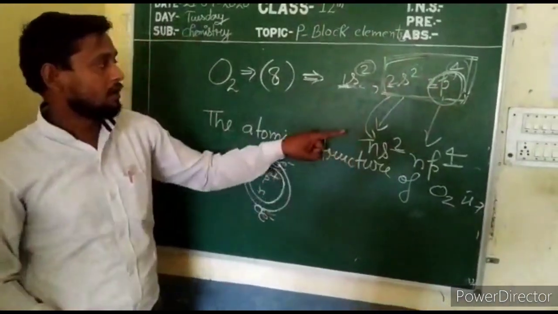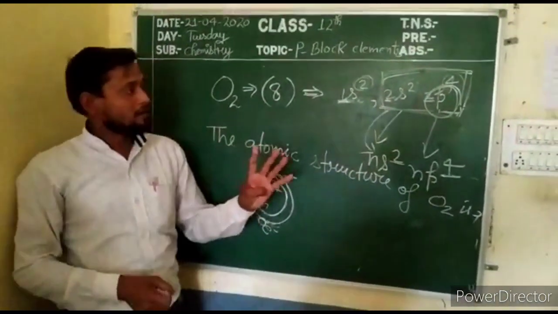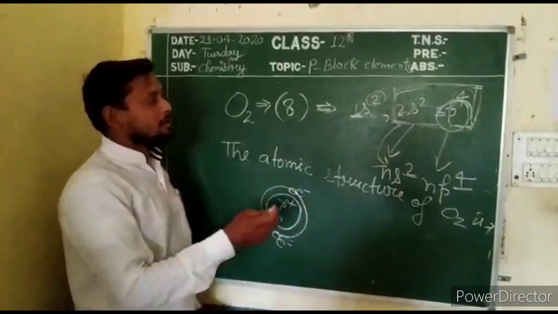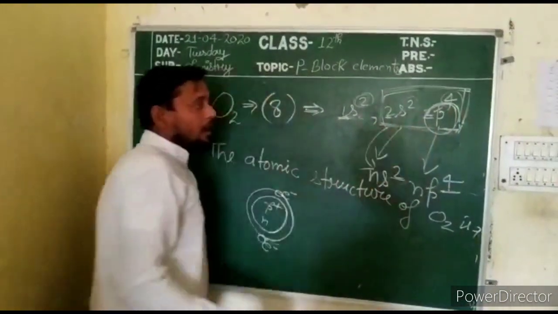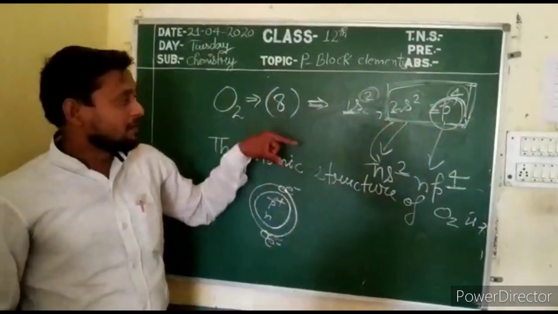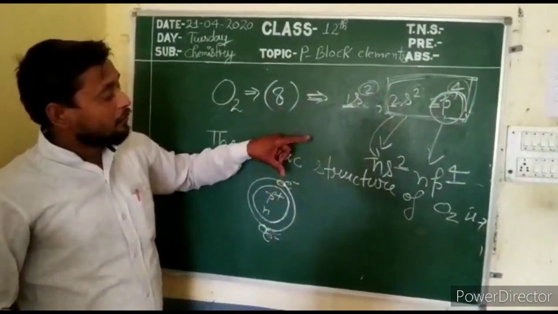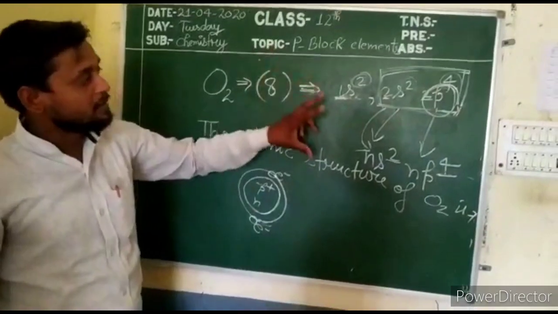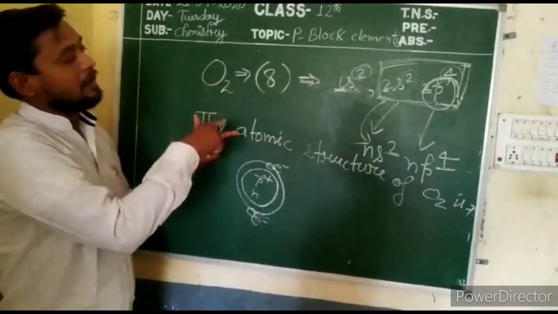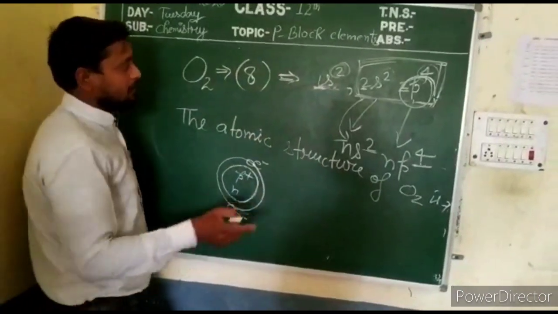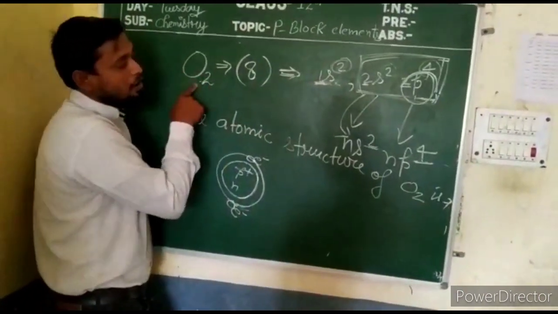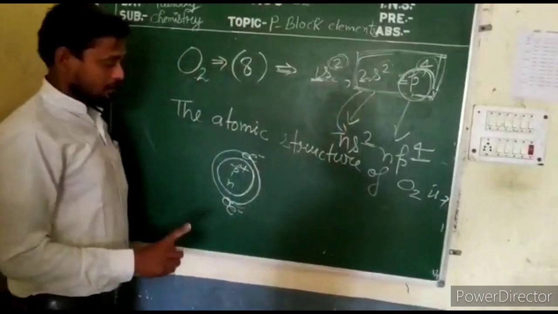block. Here there are a total of 4 blocks: s, p, d, f. The last orbit means we can say that the last electron was filled, and in which block it is indicated, it occupies that block. Means we can say that oxygen belongs to the p block.